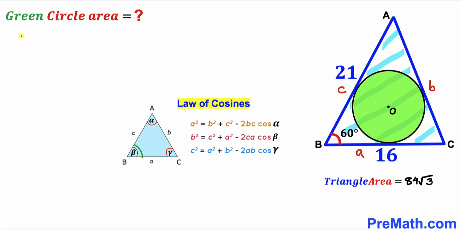Let's go ahead and apply the law of cosines on this given triangle. We are going to have b square equal to 16 square plus 21 square minus 2 times 16 times 21 times cosine of our angle 60 degrees.